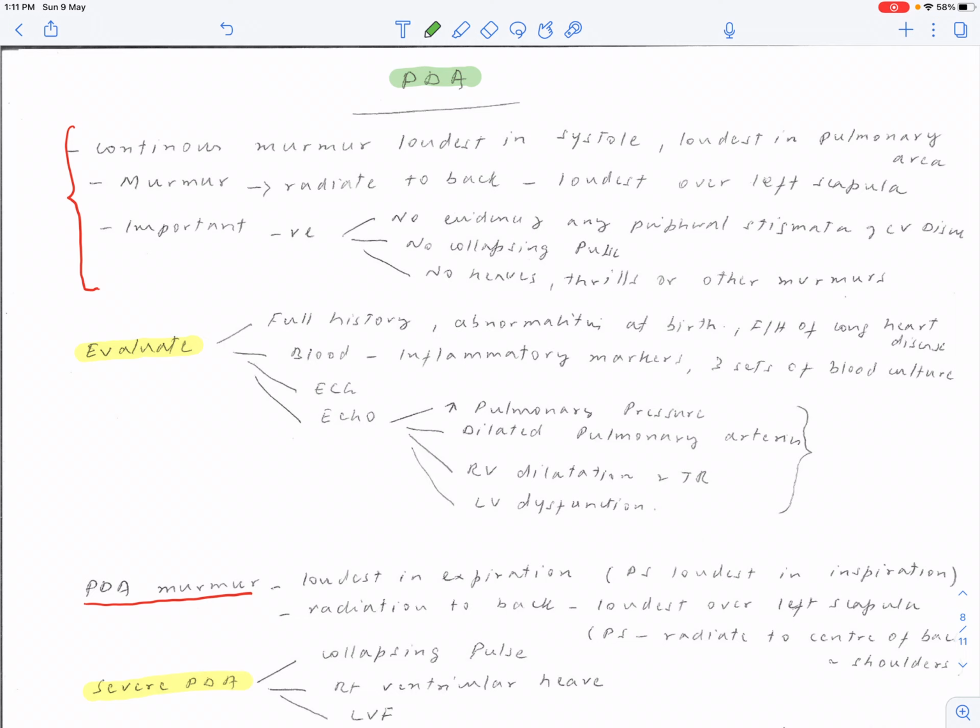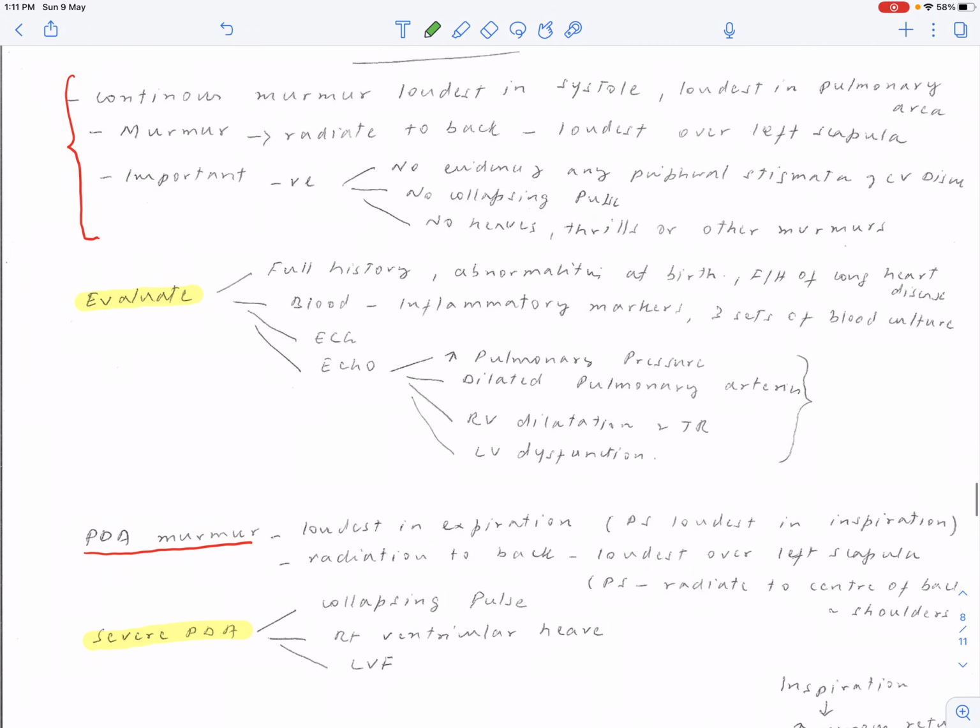We like to do the ECG and the echocardiography. And in echocardiography, I want to look at the pulmonary pressure, which could be raised, dilated pulmonary arteries, right ventricular dilatation, tricuspid regurgitation, and left ventricular dysfunction.